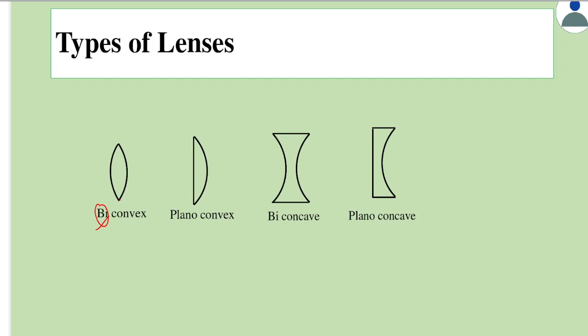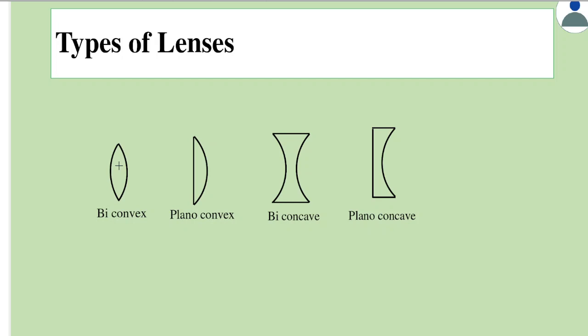As seen here, this is a convex surface and this also is a convex surface. So this part is transparent. In this case, both the surfaces are convex, hence it is called biconvex. But by convention, it is simply called convex. So whenever I say convex, it means it is biconvex only.